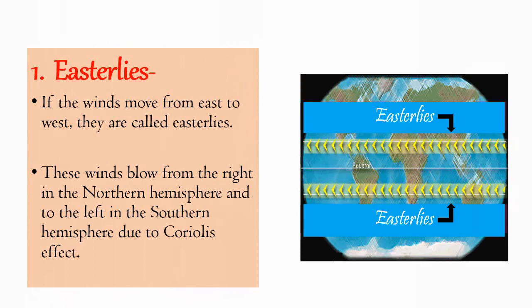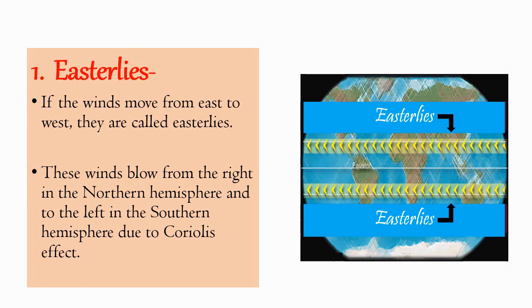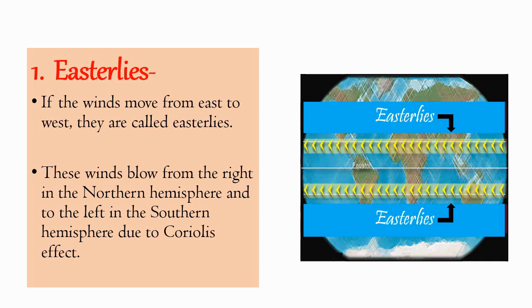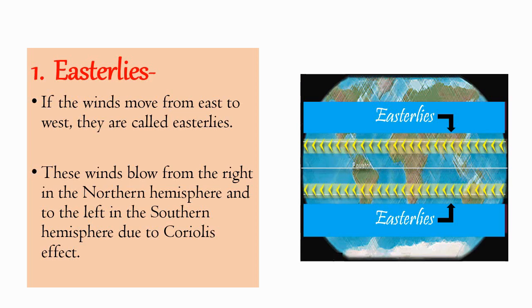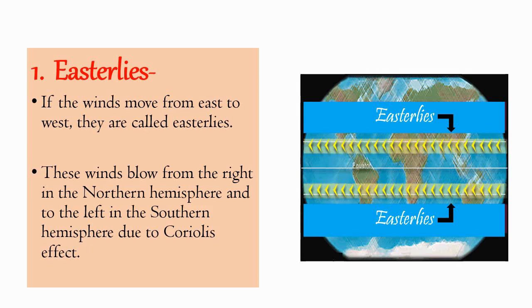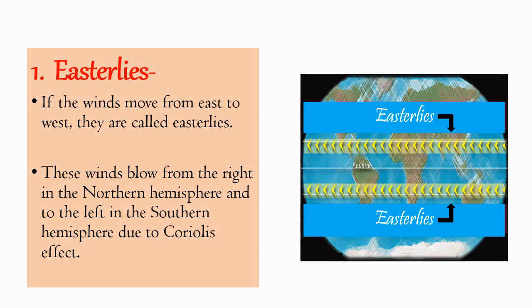Easterlies. If the winds move from east to west, they are called easterlies. These winds blow from the right in the northern hemisphere and to the left in the southern hemisphere due to the Coriolis effect. In both the hemispheres, the winds blow from the high pressure area between 25° and 35° parallels to the equatorial low pressure belt.